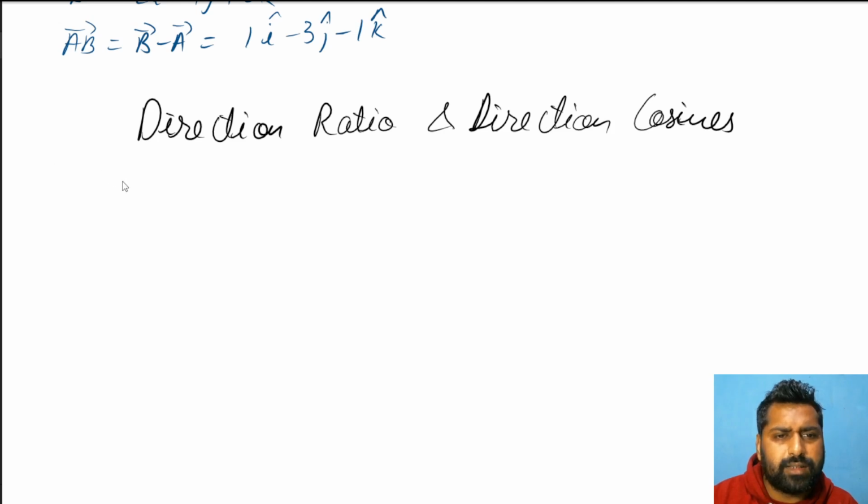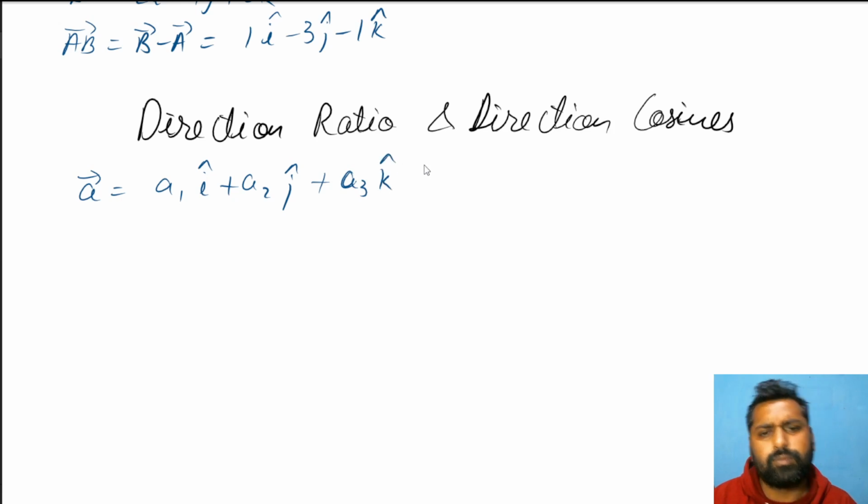So let's take a vector, let's say A. So A1 i cap, A2 j cap, A3 k cap. Okay, 1, 2, 3, some numbers, I don't know. That's your A vector.